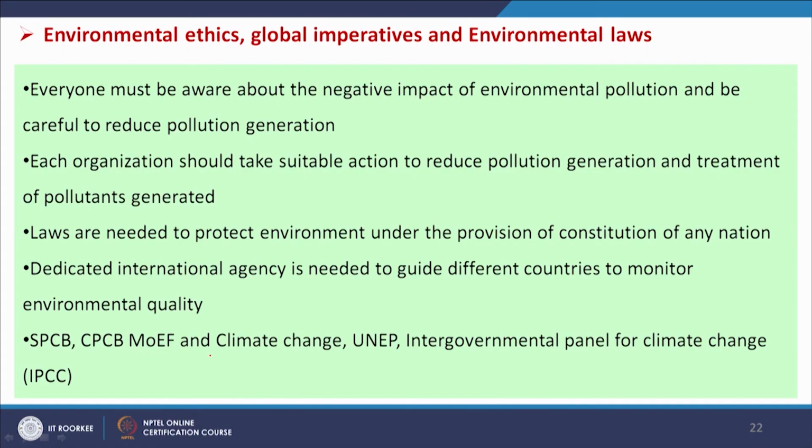We have to make people aware about it, and each organization should take suitable action to reduce pollution generation and treat the pollutants generated, and laws are needed to protect the environment under the provision of the constitution of any nation, and a dedicated international agency is needed to guide different countries to monitor environmental quality.